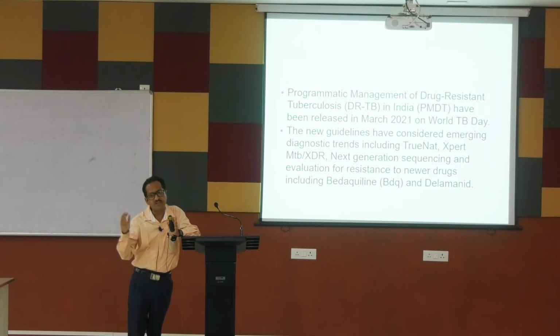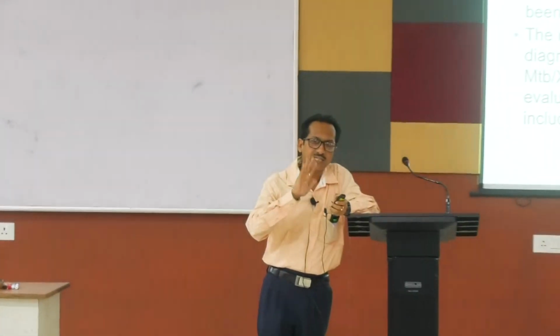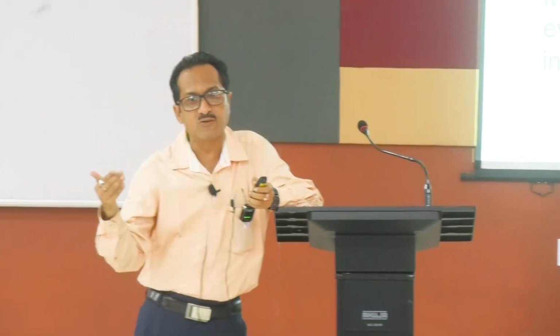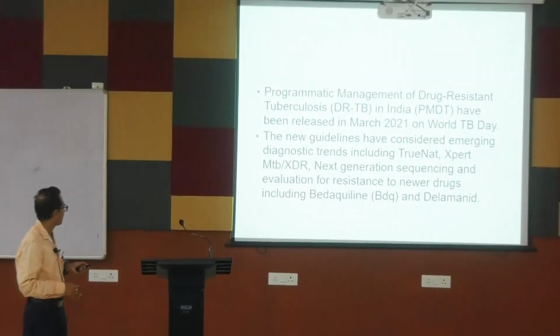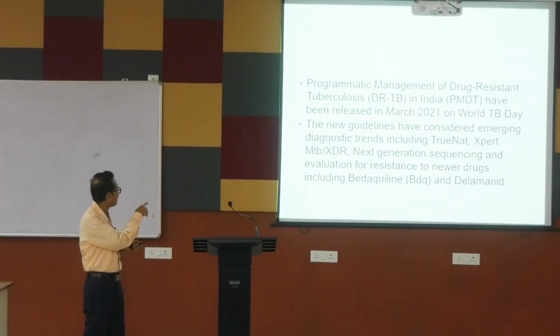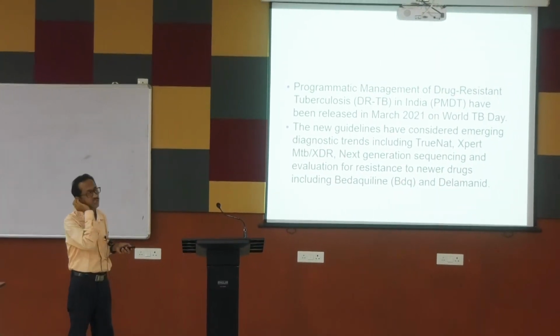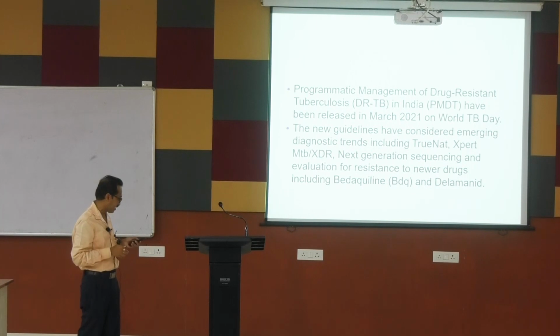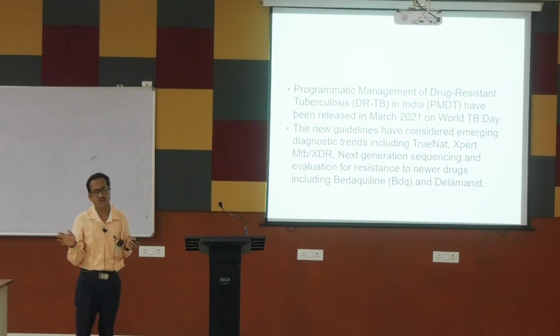So don't first utter the name TrueNAT or GeneXpert. You utter CBNAT, and then the commercial names are either TrueNAT or GeneXpert, whichever is available. After that, next generation sequencing and whole genome sequencing are new methods for diagnosing, which are costly and not available in most of the centers.